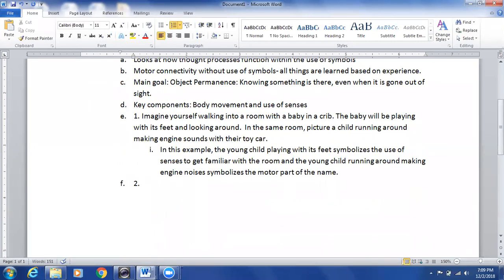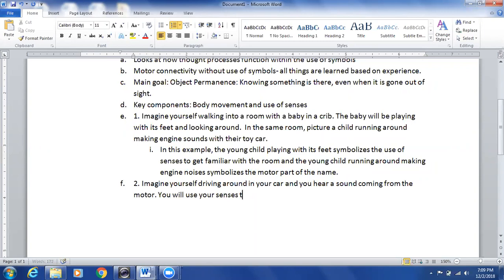And then another example that's a little higher in age: imagine yourself driving around in your car and you hear a sound coming from the motor. You will use your senses to get an idea of what is going on in this situation.